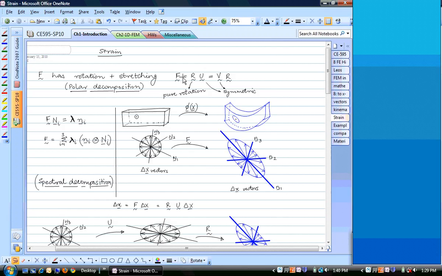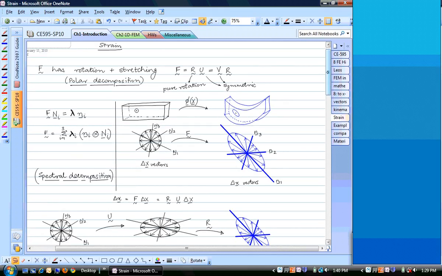So F is equal to R, a rotation tensor, times U, a symmetric stretch tensor, which is equal to a different stretch tensor times the same rotation tensor R. Now, did you guys do this last semester in 570, the polar decomposition theorem? No. Yeah. This will help you understand the physical meaning of this F, how it deforms, and all that.